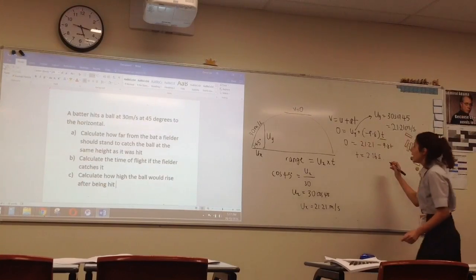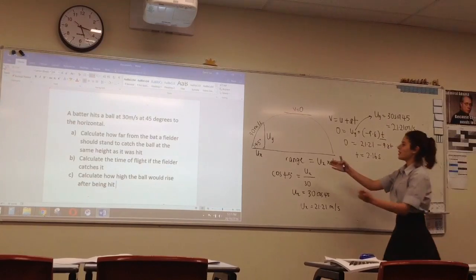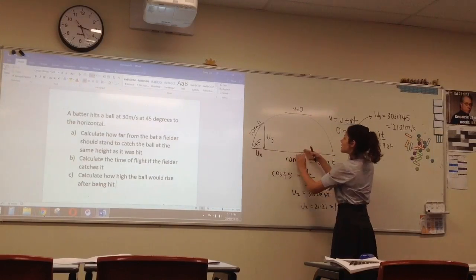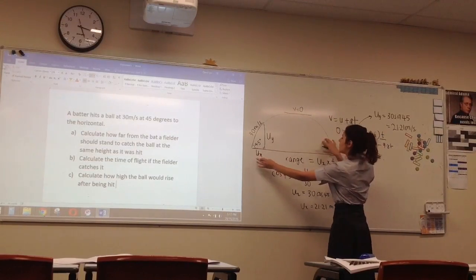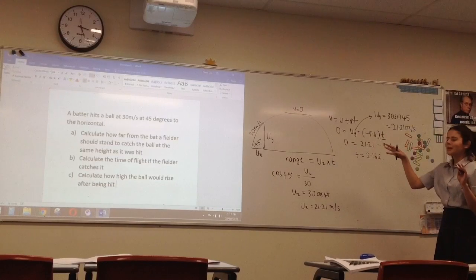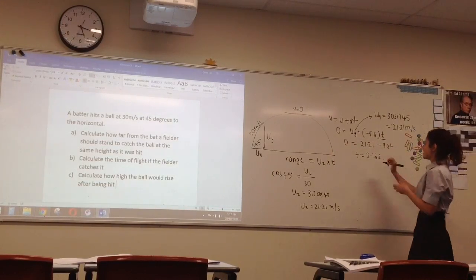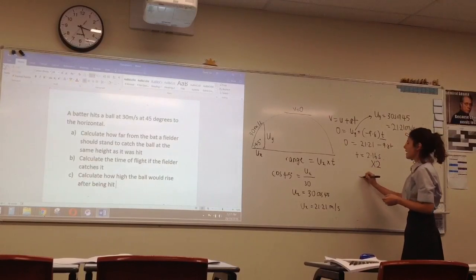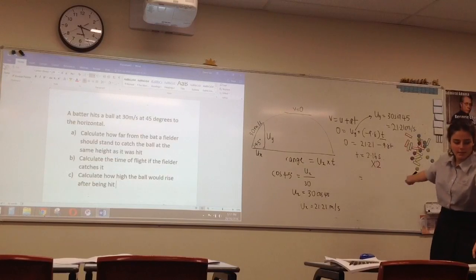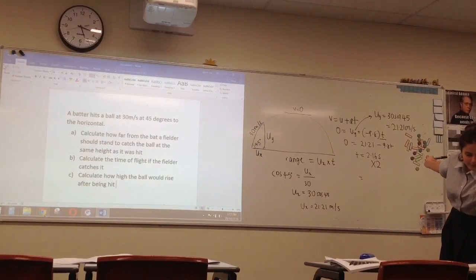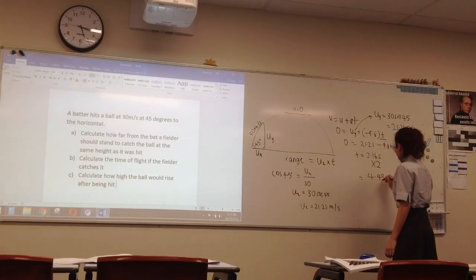2.16 seconds. But again, a common mistake. This t is only the time up until it reaches the maximum point. So because this is a parabola, it's symmetrical. So we just times it by 2 to find the total time, and that gives 4.43 seconds.